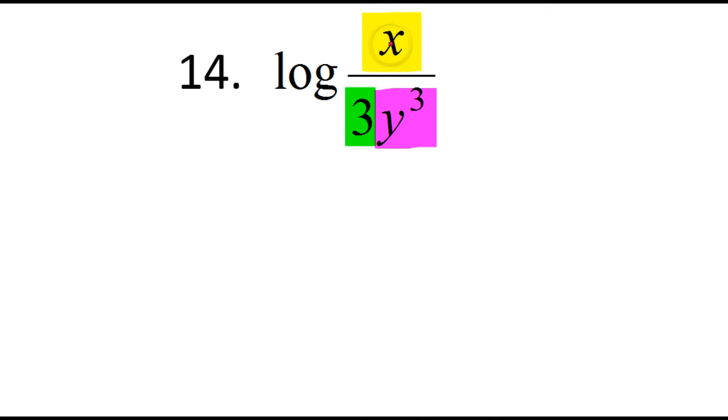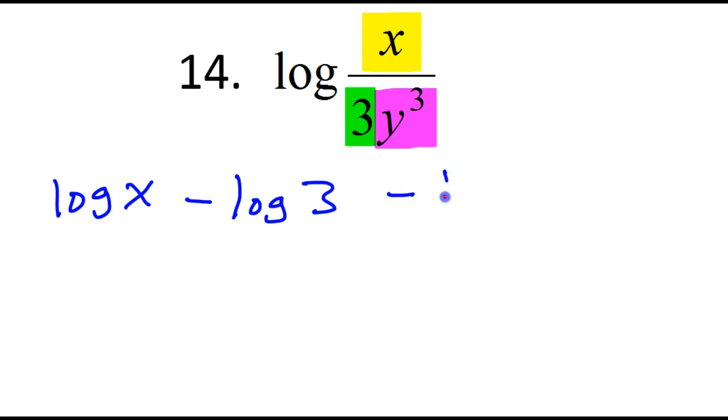One of those is in the numerator, 2 of them are in the denominator. So the one that's in the numerator is going to give me a positive term. So I will have log x, keep it positive. These 2 are going to be negative because they're from the denominator. So minus log 3 minus log y to the 3rd power.